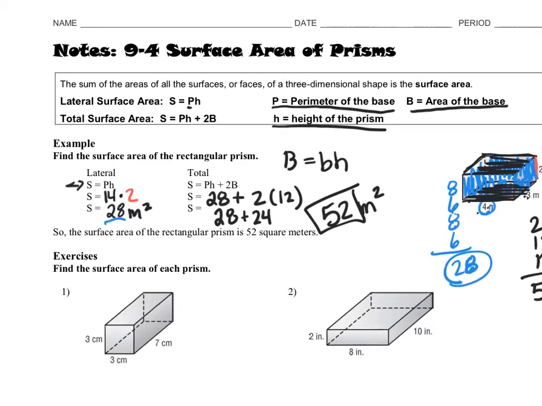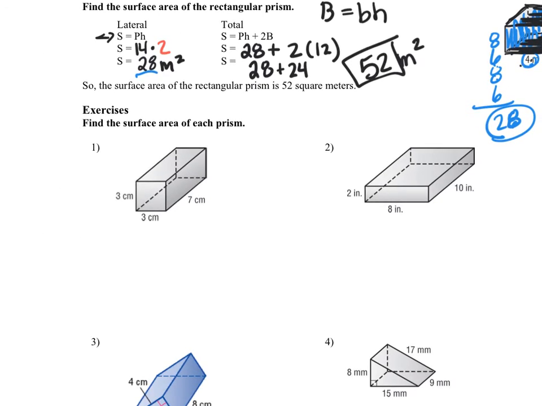Okay, let's take it to a little bit more difficult. We're going to find the lateral surface area and the total surface area. Lateral is PH. So define the base. Where's your paper? Go get a new one or get it out. I'm going to go with the base being 3 by 7.